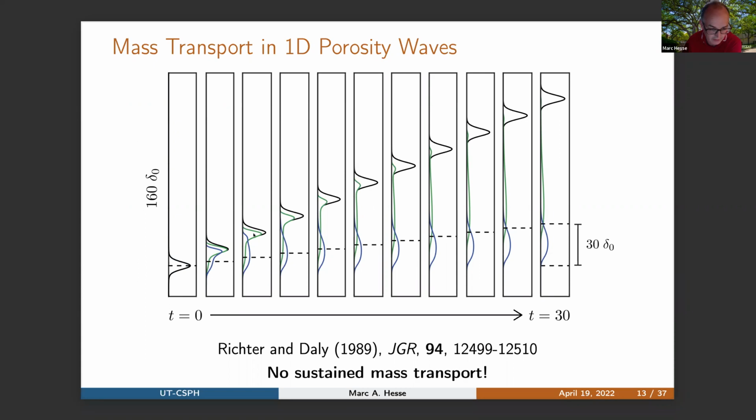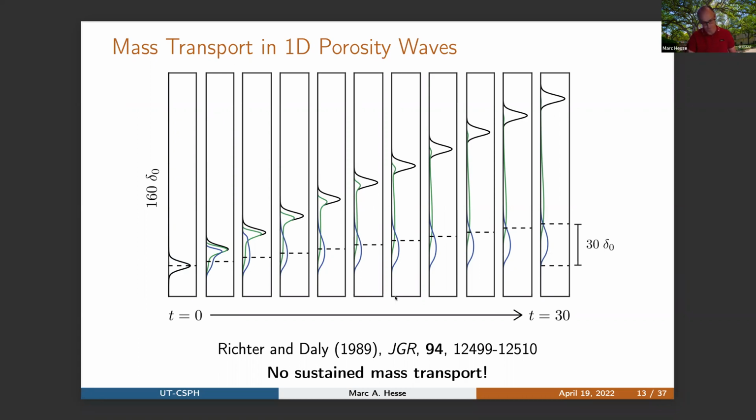The green one is perfectly conservative, so it doesn't partition into the solid at all. And the blue one is a more realistic tracer that also partitions a little bit into the solid. You can see that the partitioning tracer is left behind in this porosity wave very quickly, but even the perfectly conservative tracer is left behind.